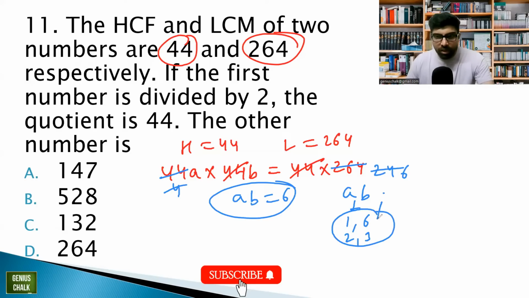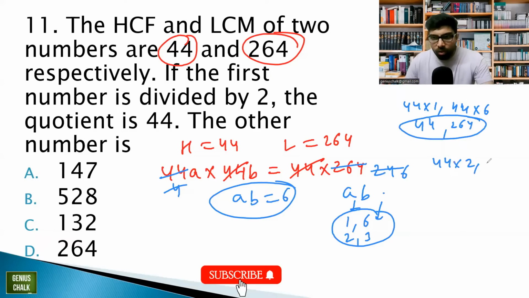I guess after this there is no option. So if A is 1, the first number must be 44 into 1, and the next number must be 44 into 6. So 44 and 44 into 6, 240 plus 24, 264. So this is one number. Another number should be 44 into 2 or 44 into 3, because this is the multiplying factor here, right?